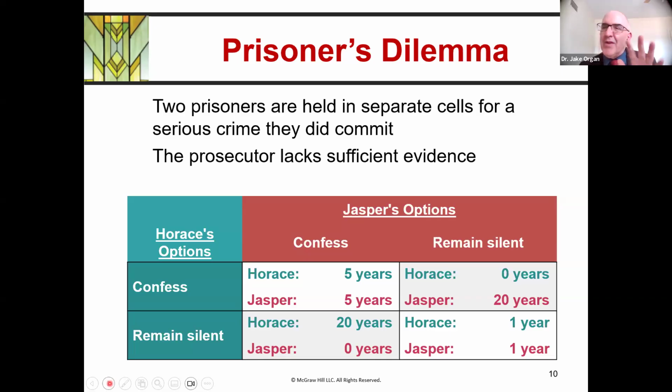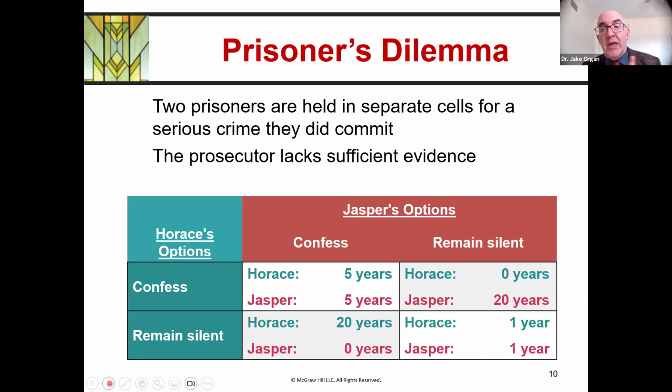But because you were in the area, they could probably get you for a year. So both of you, if you keep silent, will stay in prison for a year. But the only way of them getting evidence is if you confess, say basically, oh, it was the other person.